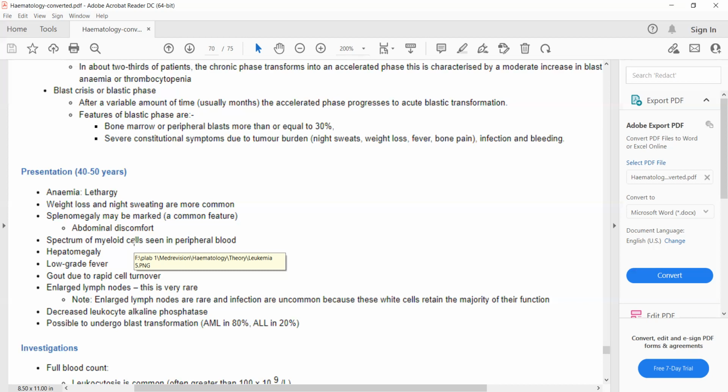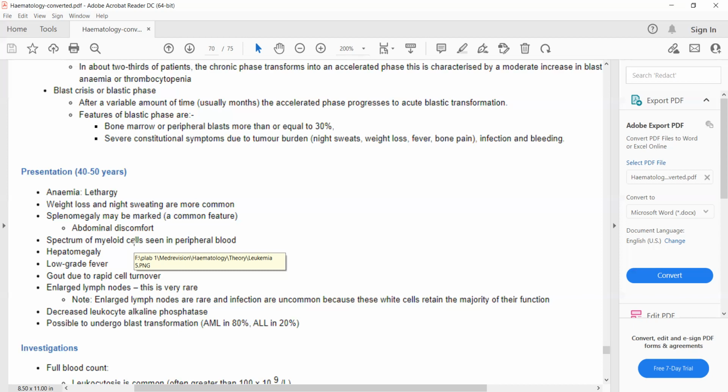And if a peripheral blood film shows mature lymphocytes and not myeloid cells such as neutrophils, then it will be CLL, chronic lymphocytic leukemia. So this is the first differentiating point between CML and CLL.